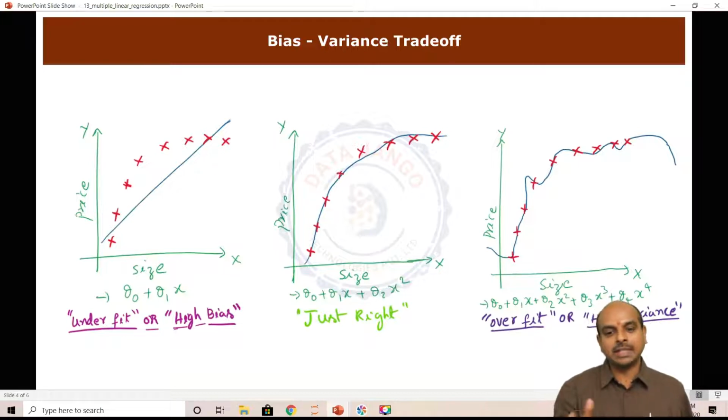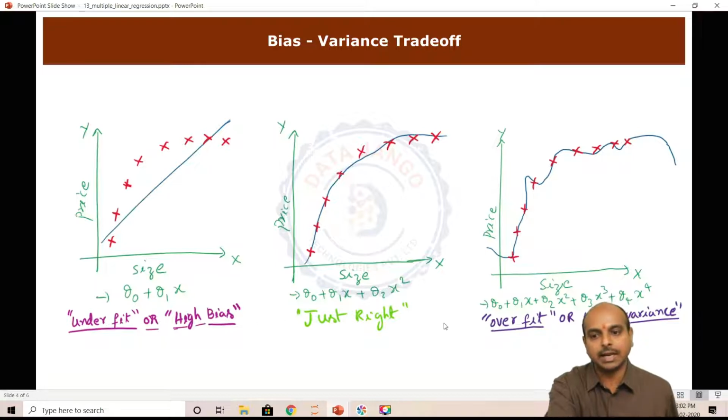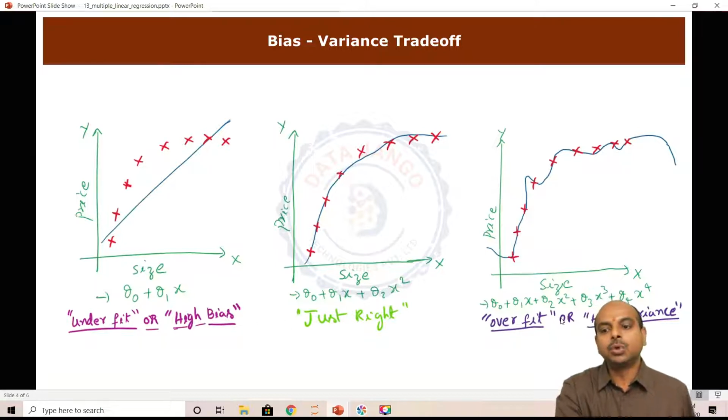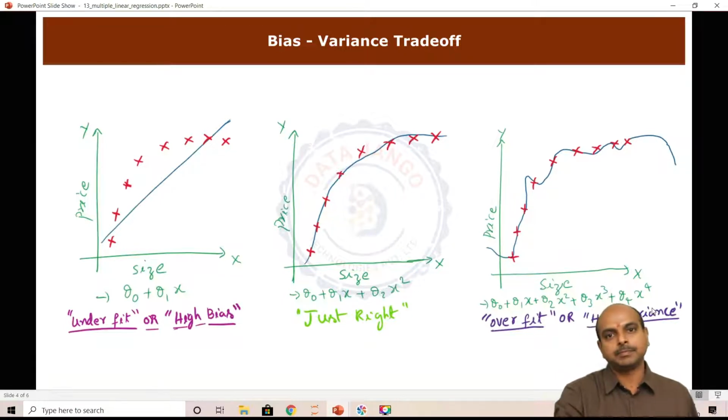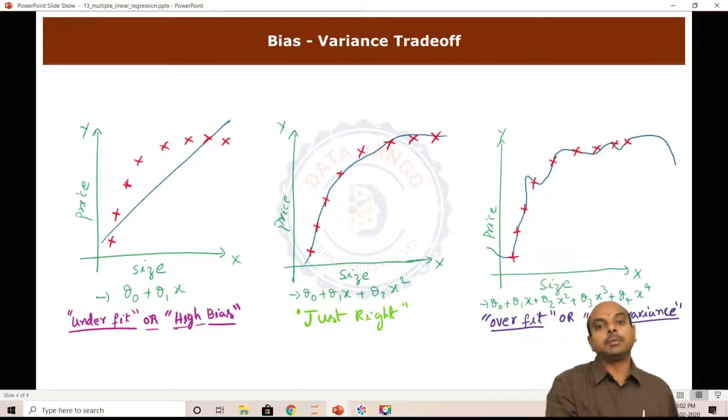You know that there is an equation in between the linear and the fourth degree, and you don't know whether that equation has got x term and x cube term only, or x term and x square term only, or x term and x to the power 4 term only. In this case, selecting features is going to be very difficult for a human being.